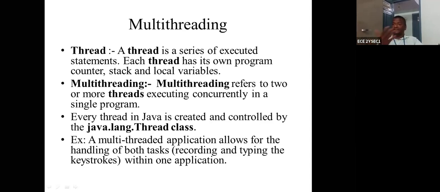The second best example for multi-threading is that you are watching one movie on YouTube. While you are watching, you are contacting your friend.